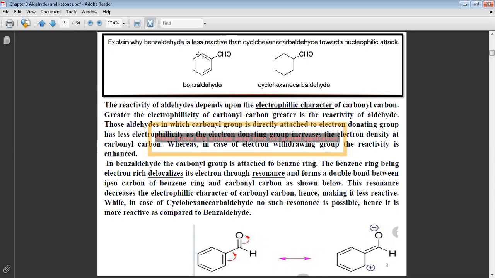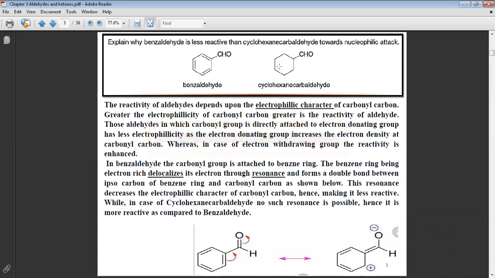It will be a meta director. That means this deactivating group makes the benzene ring deactivated toward this group. This is the meaning. But here, no.